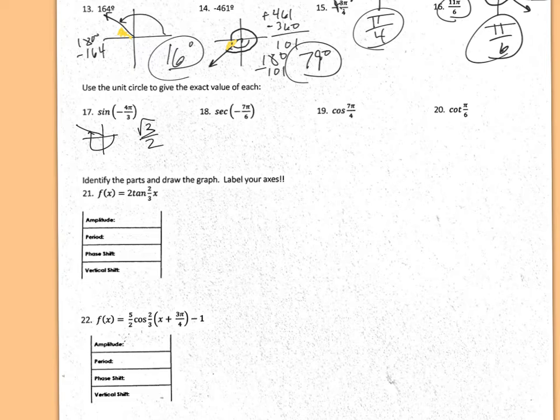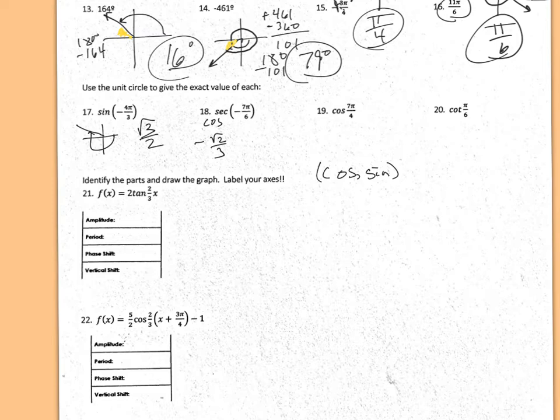Some things about your unit circle. Everything goes cosine, sine. So we are looking at the y value there. Secant goes with cosine. So you find the x value, which is negative radical 3 over 2, and then you flip it over.